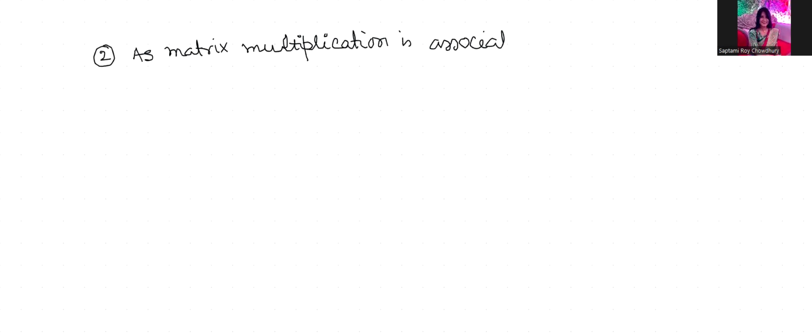So we write down: as matrix multiplication is associative, it is associative on M also, that means on the given set.